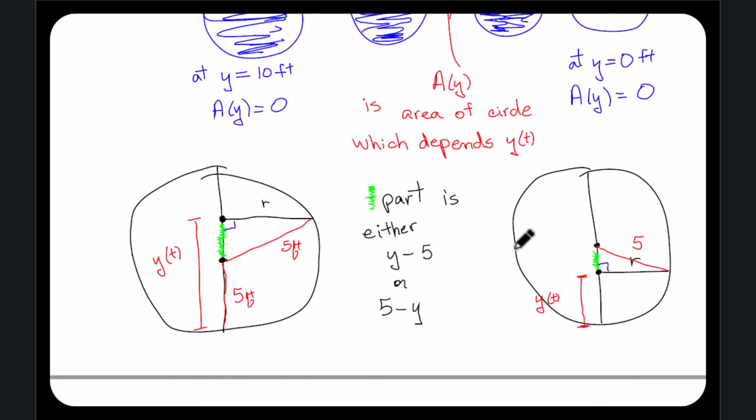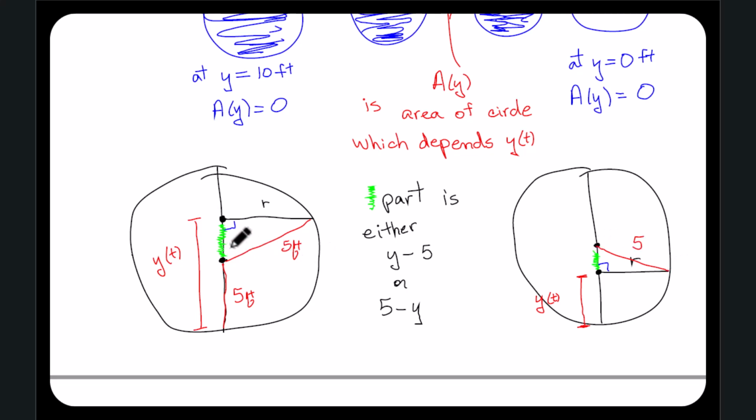All right, so now if I look at this as a cross-sectional view, if the level of the water here is above the normal radius of 5 feet, here is r, and if it is under the normal radius of 5 feet, it's underneath. In either case, we get a right triangle. So here's the center, and if I go to an edge that's 5 feet, similarly here, center to edge 5 feet.